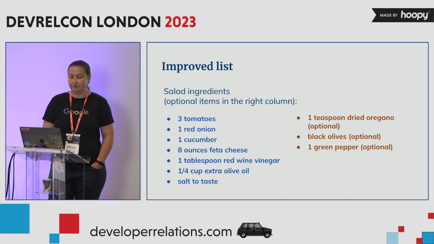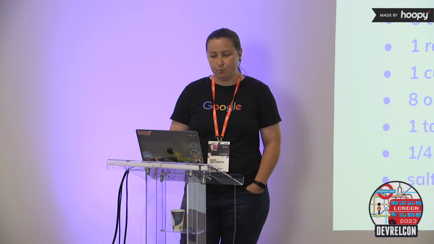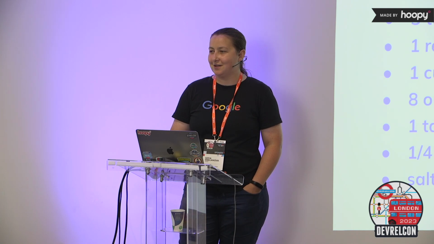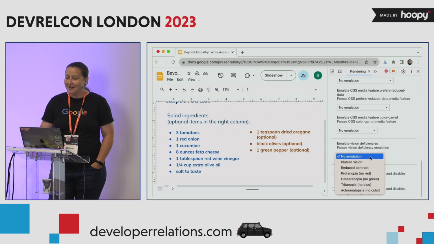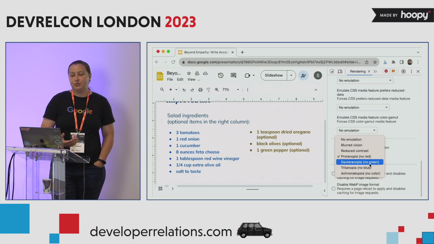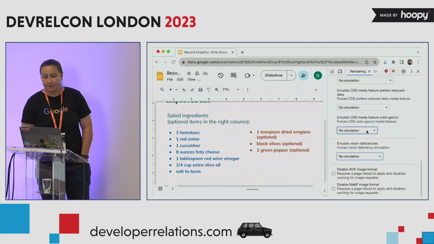Here's an improved list of ingredients. This list explains which are the optional ingredients, both in text and visually, which means the list will still be clear if you remove the visual indicator. And I want to emphasize that using color is okay. Do use the color. However, I encourage you to always choose a colorblind-friendly palette of colors.